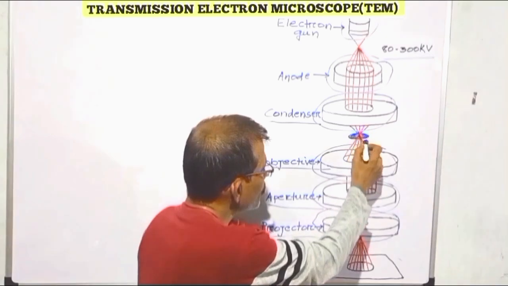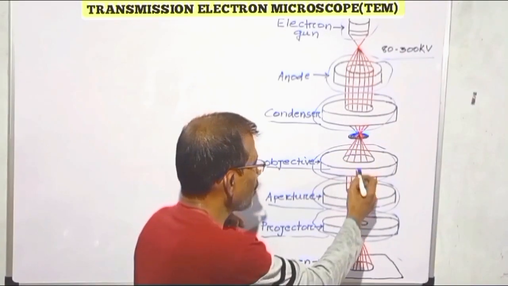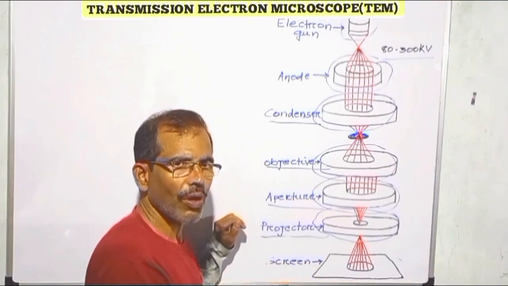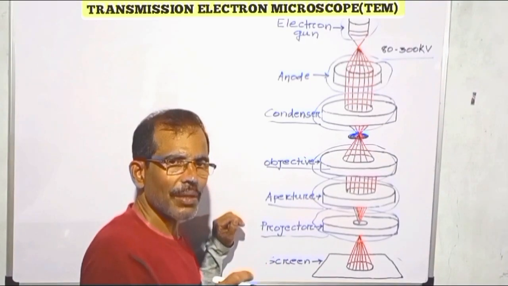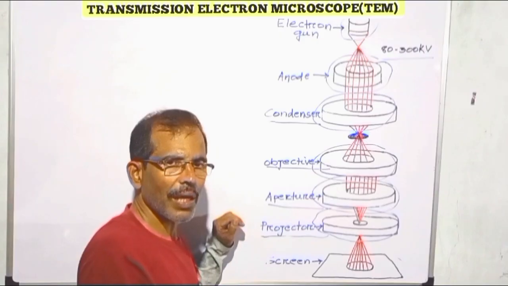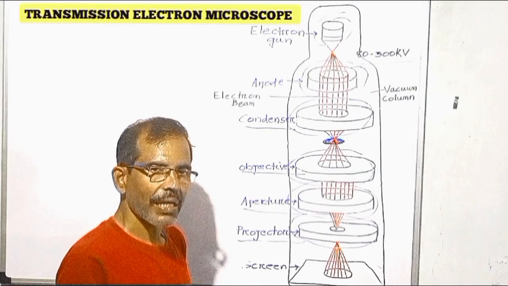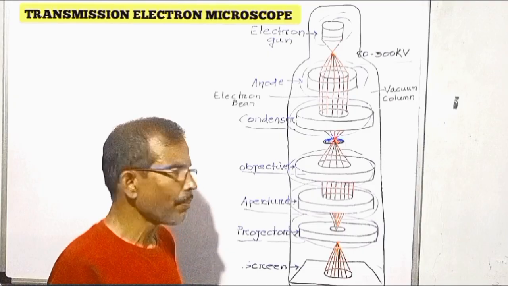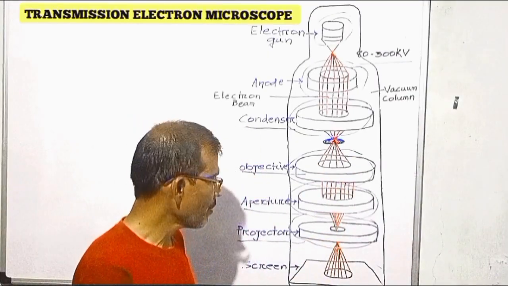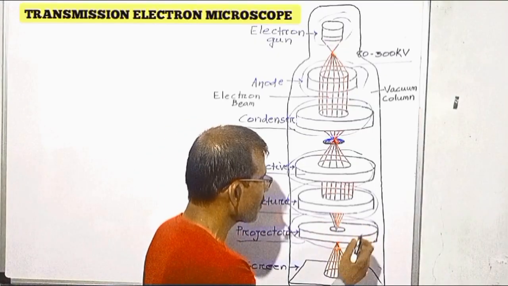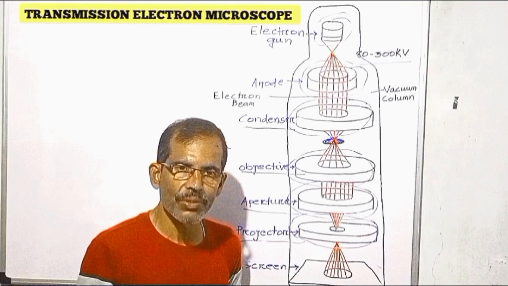The electrons which pass through the sample are then collected by the objective, which forms the intermediate magnified image. So the image formed by the electron microscope is naturally black and white. The intermediate magnified image formed by the objective is further magnified by the projector lens to form the final magnified image.